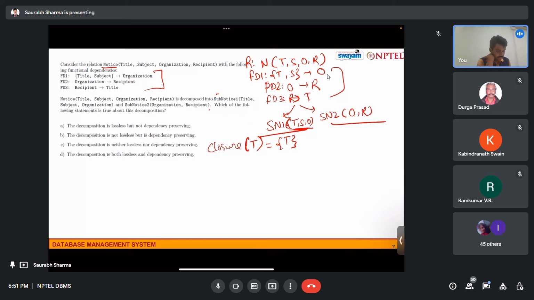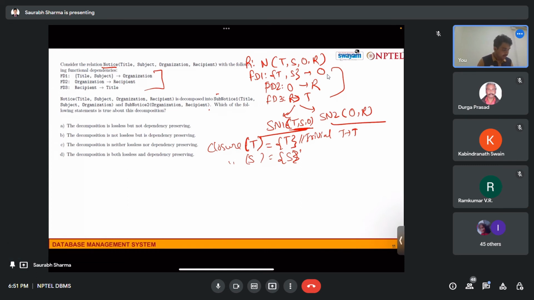We can say it is a trivial one, or we can write it as T determining T. Next, coming to S, there is again no functional dependency that individually holds where S is on the left-hand side.